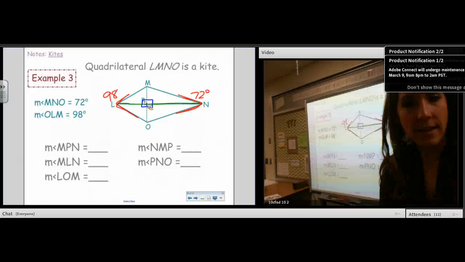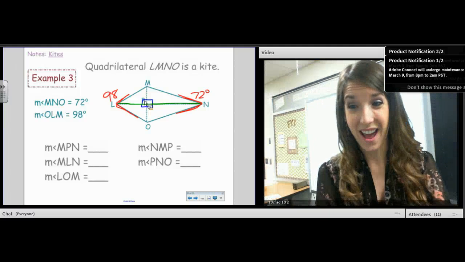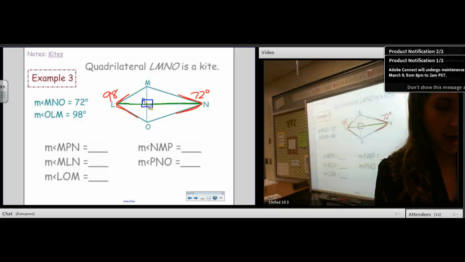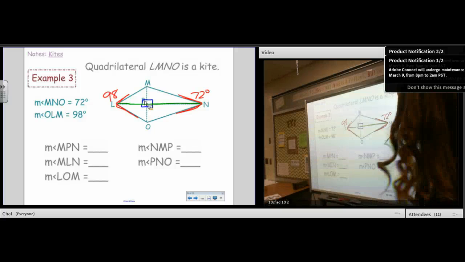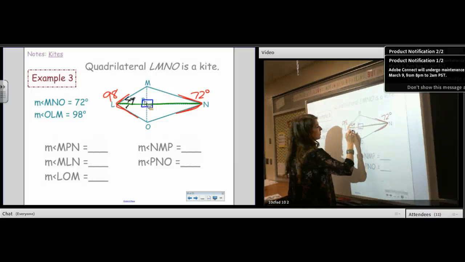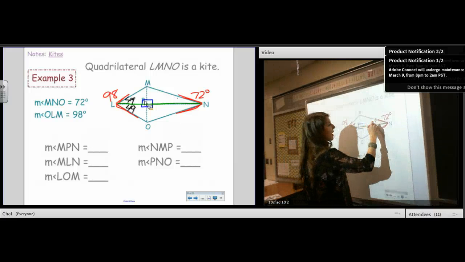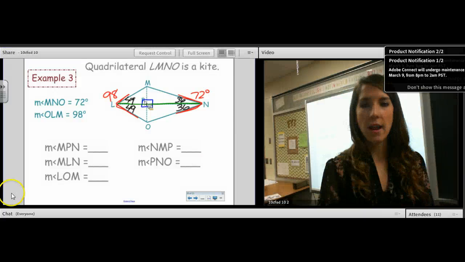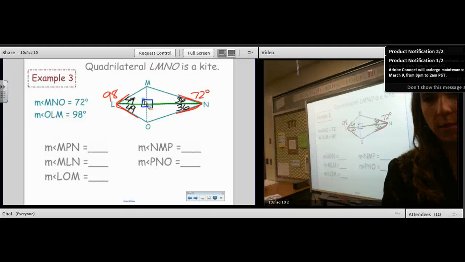So it's that green line's job to cut things in half. So let's just go ahead and cut those angles in half. 98, cut in half. 72, cut in half. And then you can find all the other angles, guys, by just subtracting from 90.